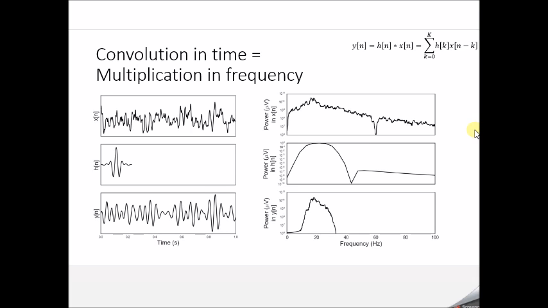One property that is very useful in frequency analysis is that the convolution of two signals in the time domain, which is what we're doing when we're sliding a filter kernel through the signal, is equivalent to multiplication in the frequency domain. So for both the input signal and the kernel, when you take the Fourier transform of them, you get a frequency representation, which on the right here I just showed the power spectra of the input signals on the left.